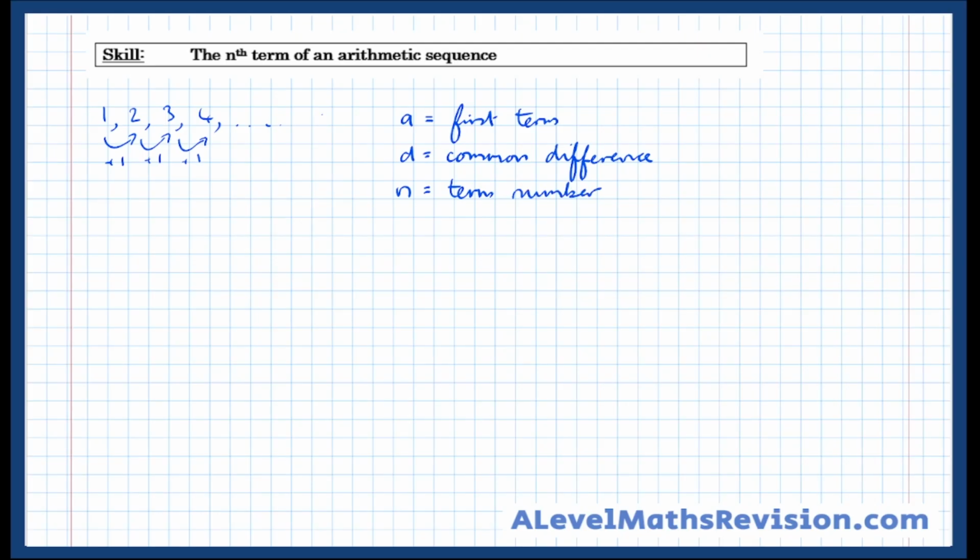And one that you probably haven't seen from GCSE is this letter U, used to mean the term. So U subscript N, U with a little n next to it, means the nth term.